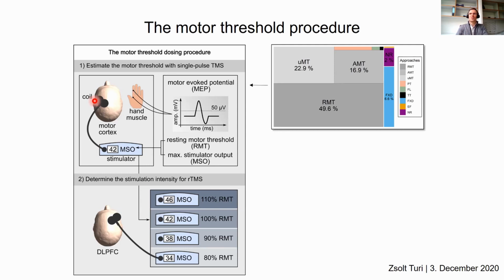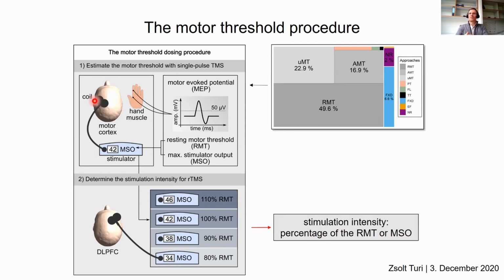So the take-home message of this slide is that we determine the stimulation intensity by giving a given percentage related to the resting motor threshold. For example, you write in the article that I used 110% of the resting motor threshold in my experiment.